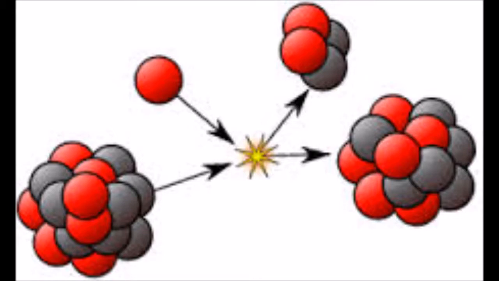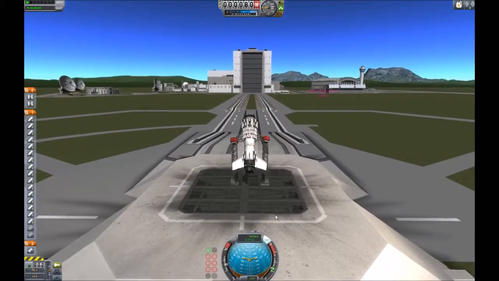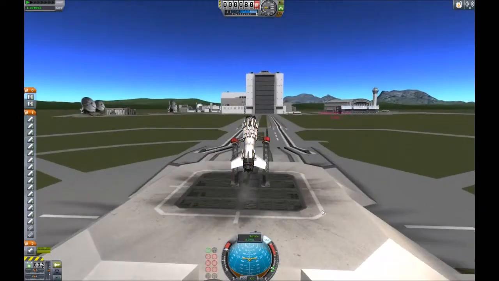It's what transforms neutrons into protons. It is not the weakest force, sorry. It is stronger than gravity, and that's the only thing it's stronger than.